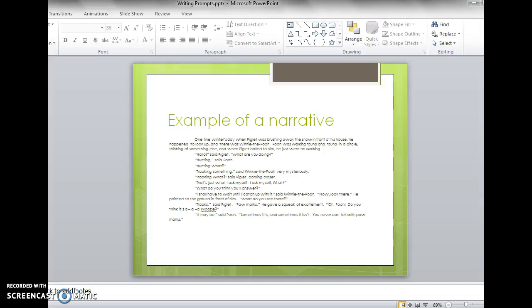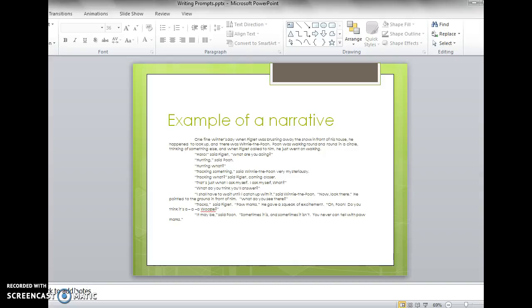One fine winter's day, when Piglet was brushing away the snow in front of his house, he happened to look up, and there was Winnie the Pooh. Pooh was walking round and round in a circle, thinking of something else, and when Piglet called to him, he just went on walking. "Hello," said Piglet. "What are you doing?" "Hunting," said Pooh. "Hunting what?" "Tracking something," said Winnie the Pooh, very mysteriously. "Tracking what?" said Piglet, coming closer. "That's just what I ask myself.